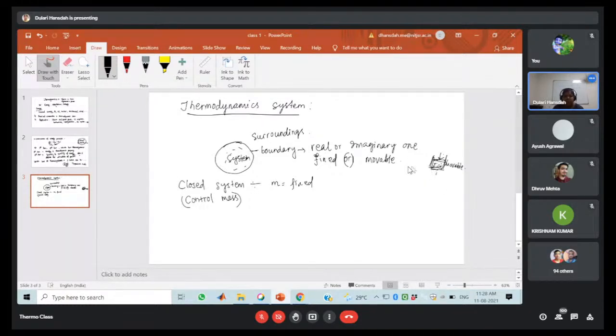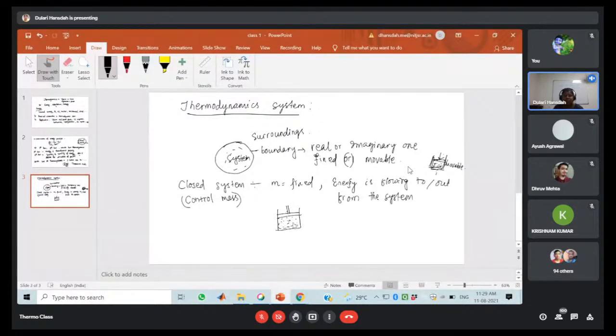Here it will be having a real boundary. Okay, so closed system means here your quantity of mass is fixed but energy is flowing to or out from the system, right? So what I mean to say, if it is the piston cylinder arrangement, here we have taken a certain quantity of matter.